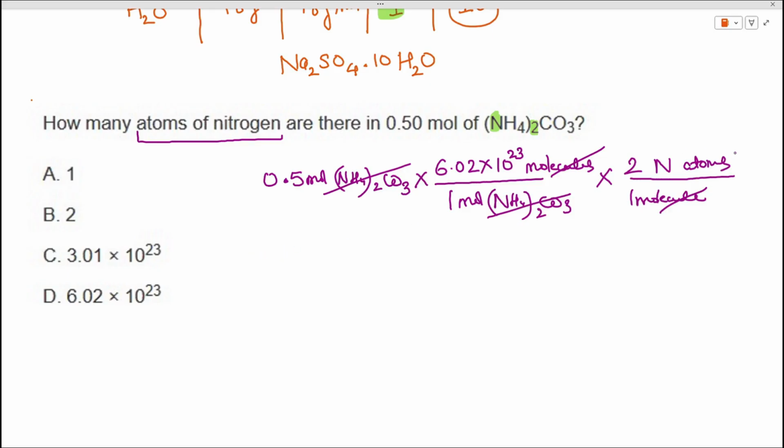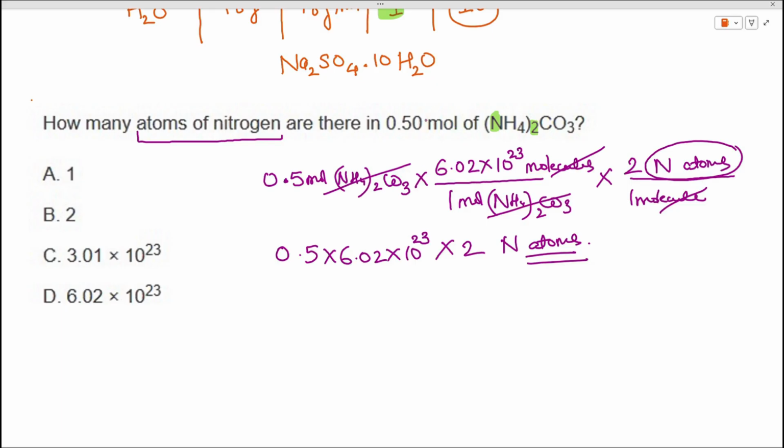So the number of nitrogen atoms are 0.5 multiplied by 6.02 times 10 to the power of 23 multiplied by 2. Denominator is just 1, we don't need to write. So these are the number of nitrogen atoms present in 0.5 moles. Here 0.5 times 2 is just 1. So the answer to this one is 6.02 times 10 to the power of 23 nitrogen atoms. So the correct option is option D.